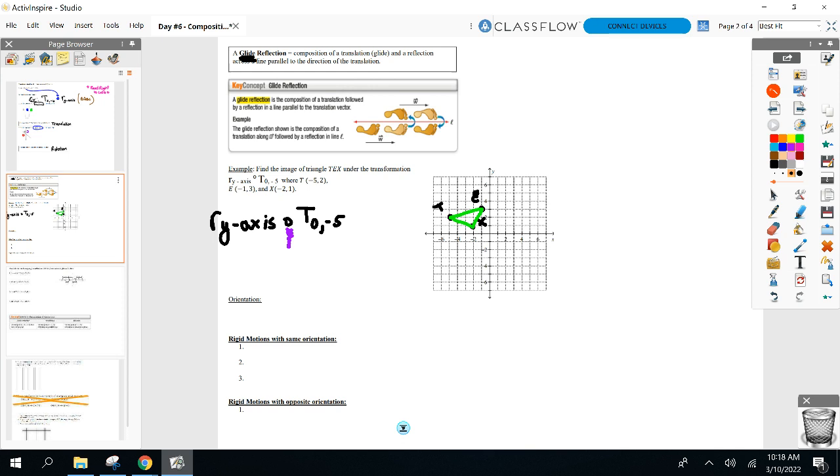Translations. The numbers tell me the direction and distance, so I'm not going anywhere here, but what's the -5 tell me? Everyone, take your triangle. Go down 5 first. Got to read whatever's to the right first. Whatever's to the right, so go down 5.